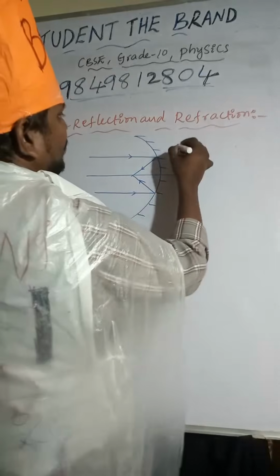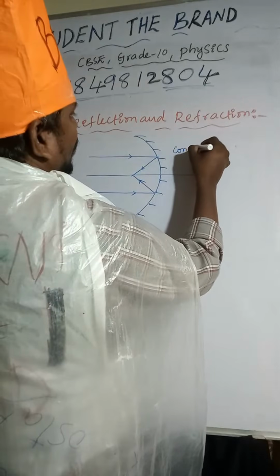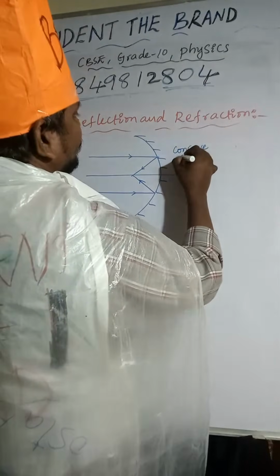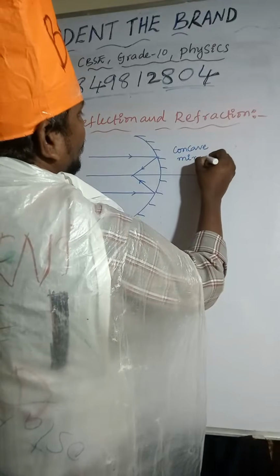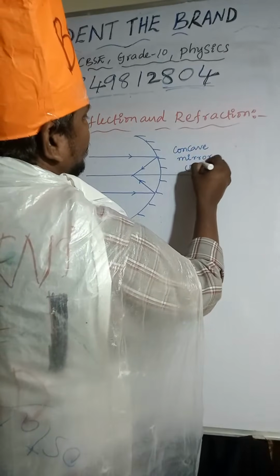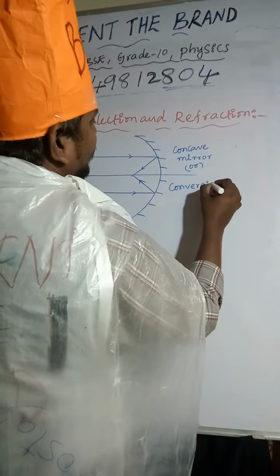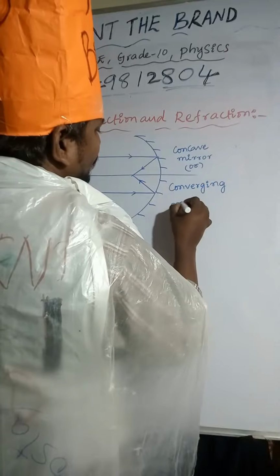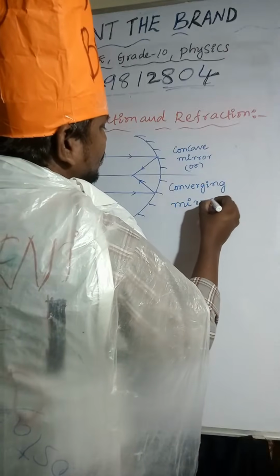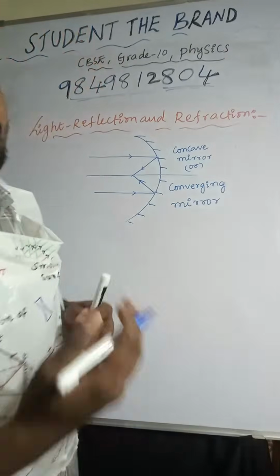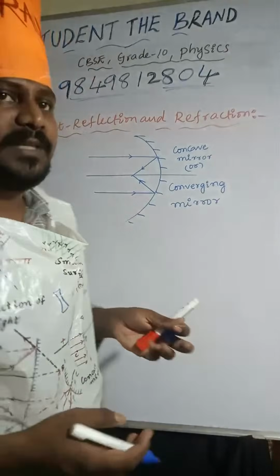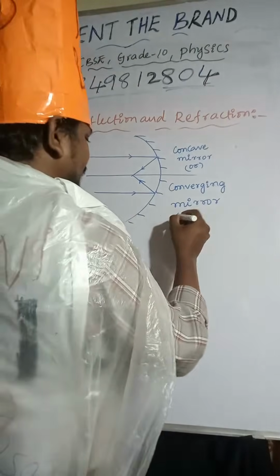So concave mirror is also known as converging mirror, whereas convex mirror is known as diverging mirror.